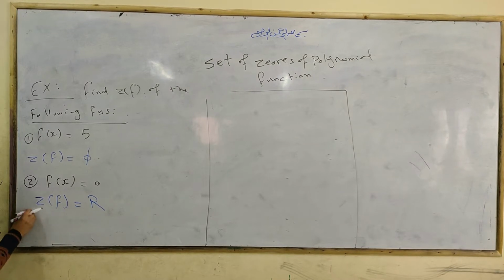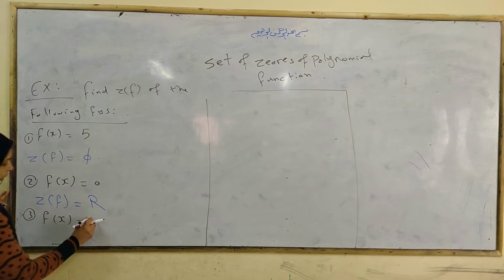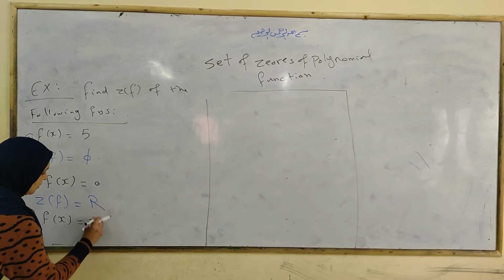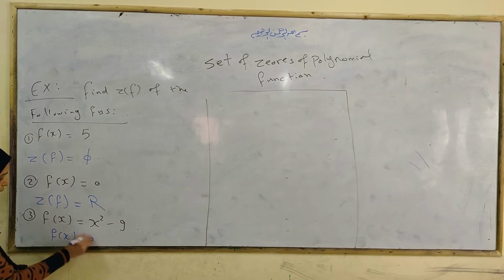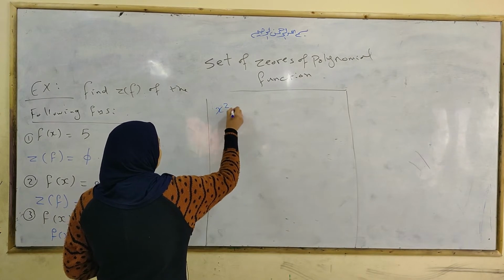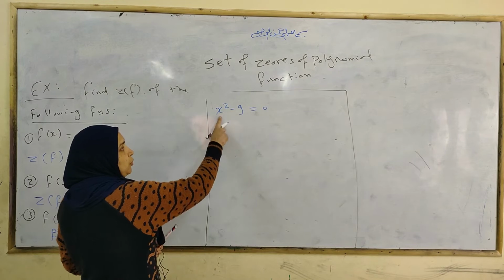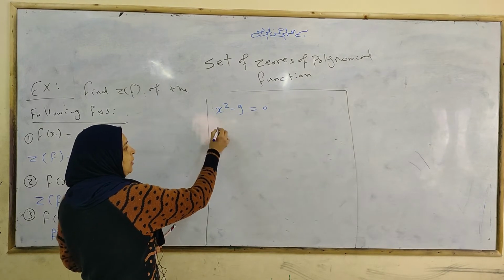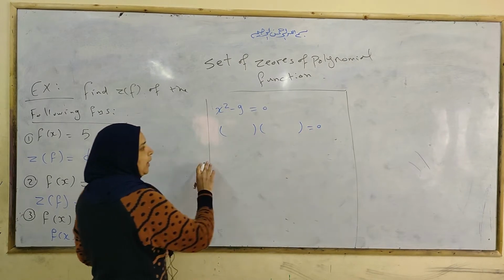Number 3, f of x equals x power 2 minus 9. Put f of x equals 0. Therefore, x power 2 minus 9 equals 0. By factorizing the difference between two squares, there is a product of two brackets.